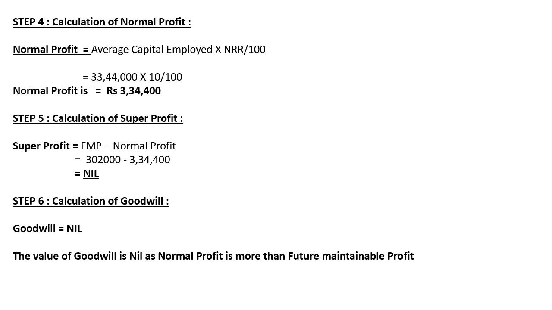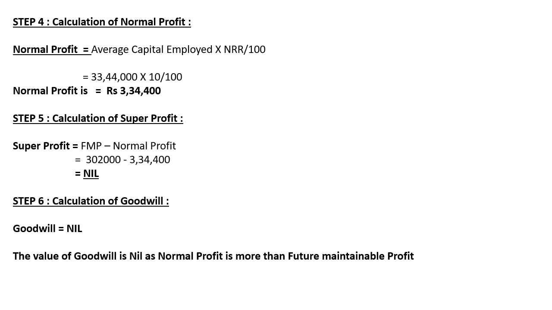Some students make the mistake of writing the answer in minus, but you cannot do that because you are calculating profit and not loss, so the answer will not be negative. So you have to write profit as nil, and as profit is not there, your goodwill will not be there. So the value of goodwill is nil, but you have to write why it is nil: the value of goodwill is nil as normal profit is more than future maintainable profit.